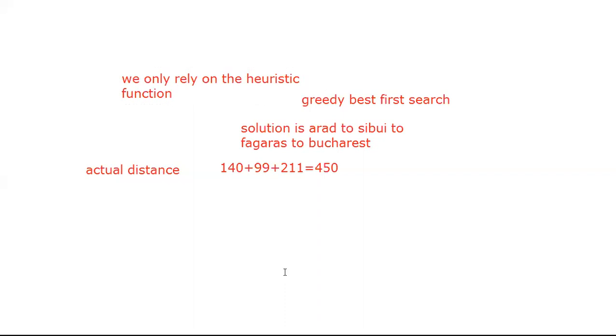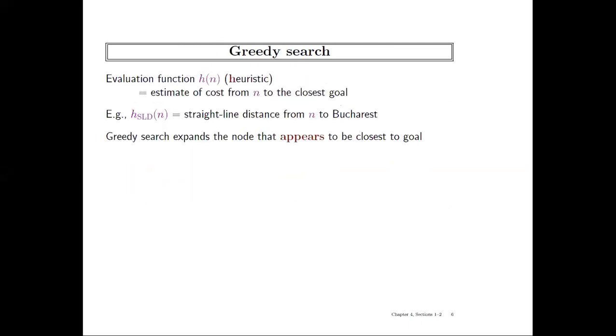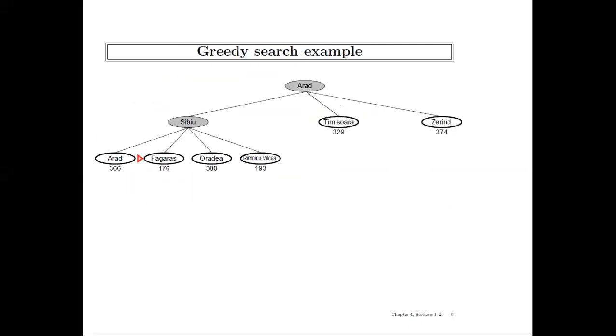We have used the heuristic SLD as the heuristic function. So going back to the topic again, I hope that you understood this concept. If you have any queries, you might send me on chat, or if you don't have any queries, then I'll proceed. So that is the greedy search.